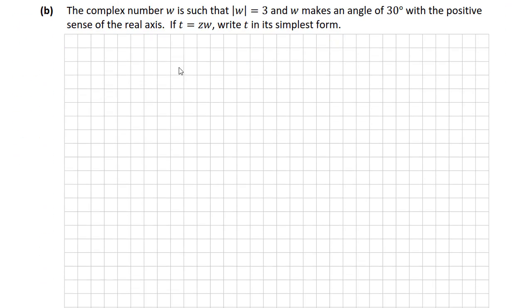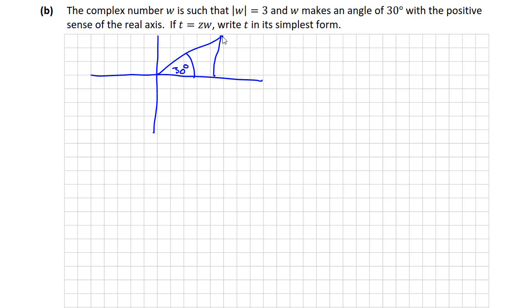So part B, we have the complex number w is such that the modulus of w is 3 and it makes an angle of 30 degrees with the real axis. Okay, so if we just draw a rough sketch, and we know there's an angle here of 30 degrees.